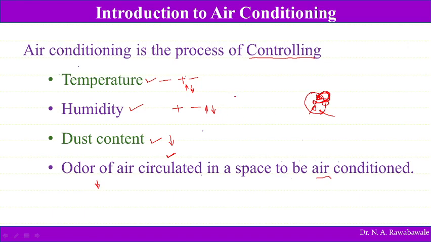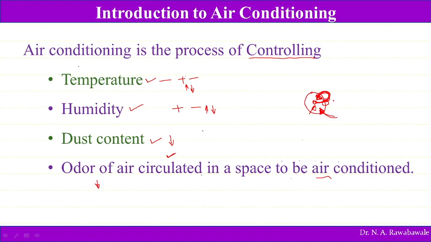The temperature to be maintained will then consume less power, and humidity also plays an important role. So the air is mostly recirculated, but fresh air is required, as the content of oxygen and some other things are required. So fresh air is also added in order to maintain some other requirements of that air. So this is the introduction to air conditioning.